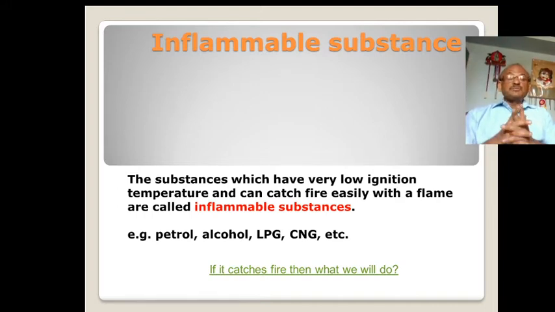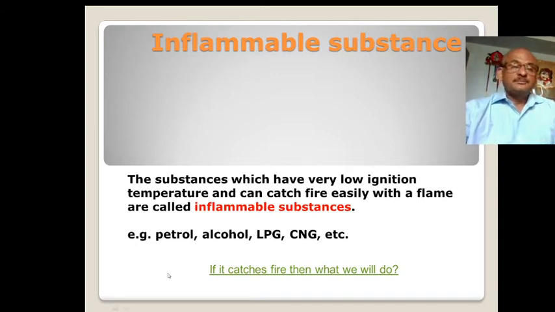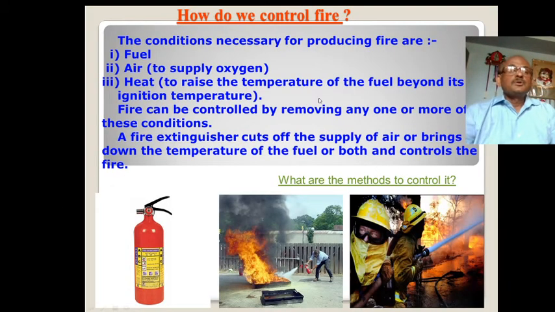If it catches fire, then what will we do? How can we protect ourselves? So how do we control fire? For fire, what are the conditions? Fuel, there must be some fuel. Air to supply oxygen.